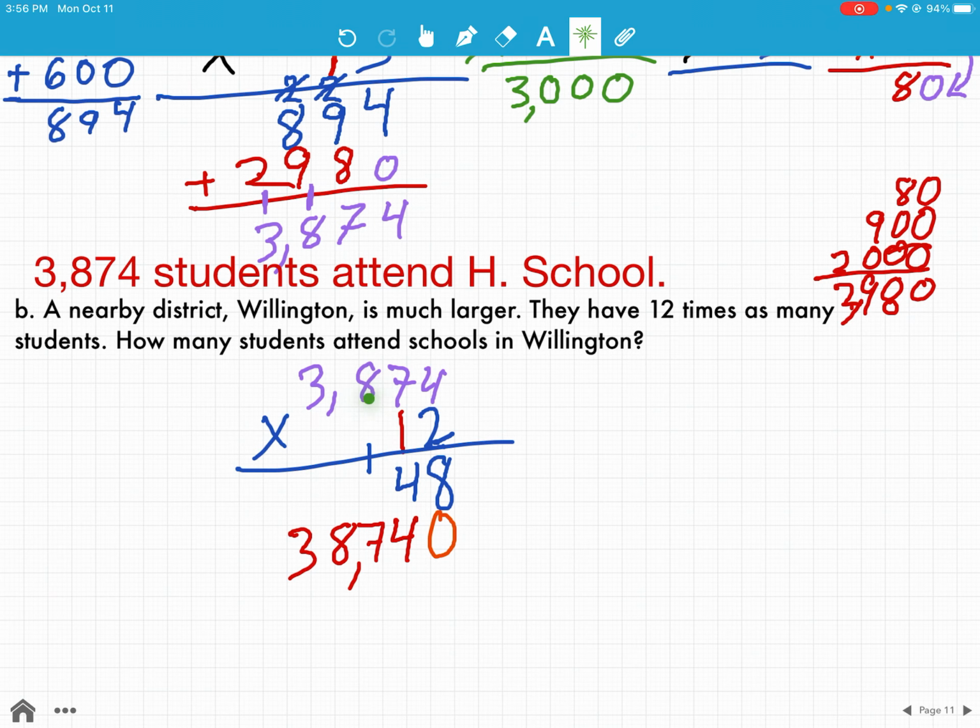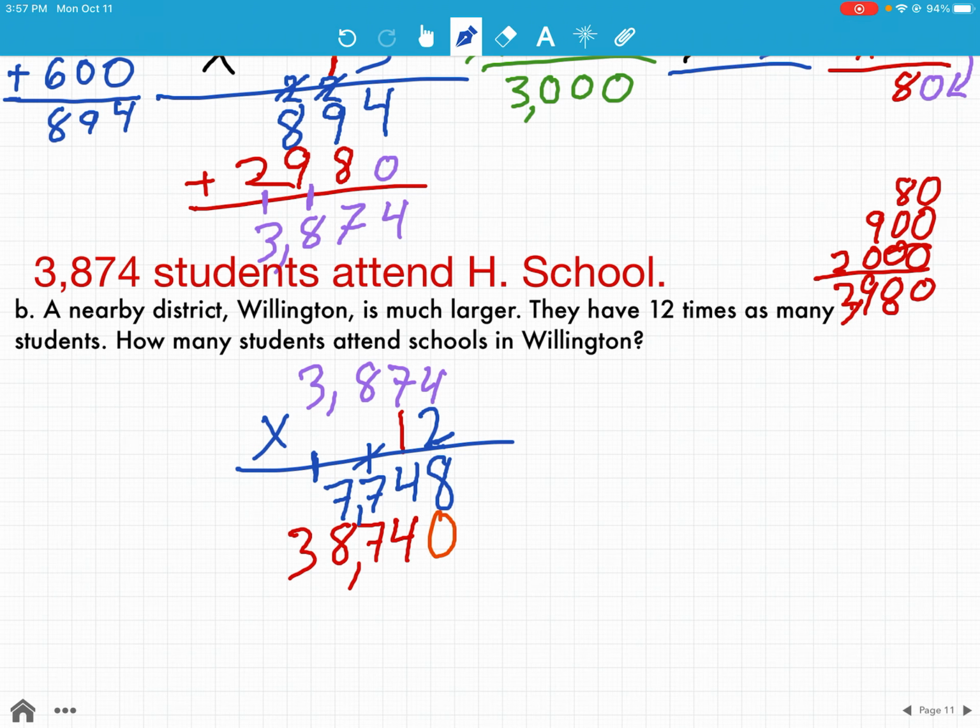So this is 2 times 8 equals 1600 plus 1 gives me 1700. So I'm going to put a 7 here and put the extra 1,000 over here. And now I have 2 times 3. 2 times 3 is 6, plus the 1 gives me 7.